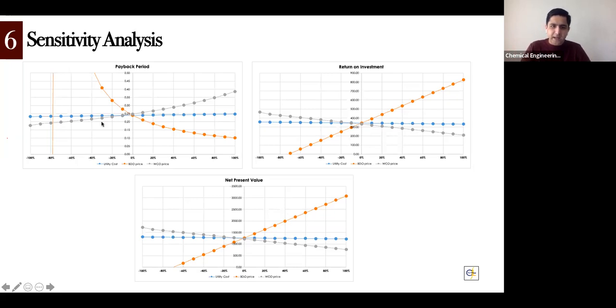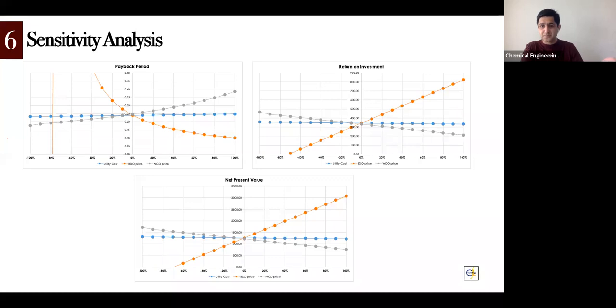So if you look at the payback period, the payback period is something that is directly related to our capital investment. So the payback period is going to be more affected by our investment value than it is going to be affected by our ongoing expenses. The reason being that the expenses only affect our ability to pay back our loan.